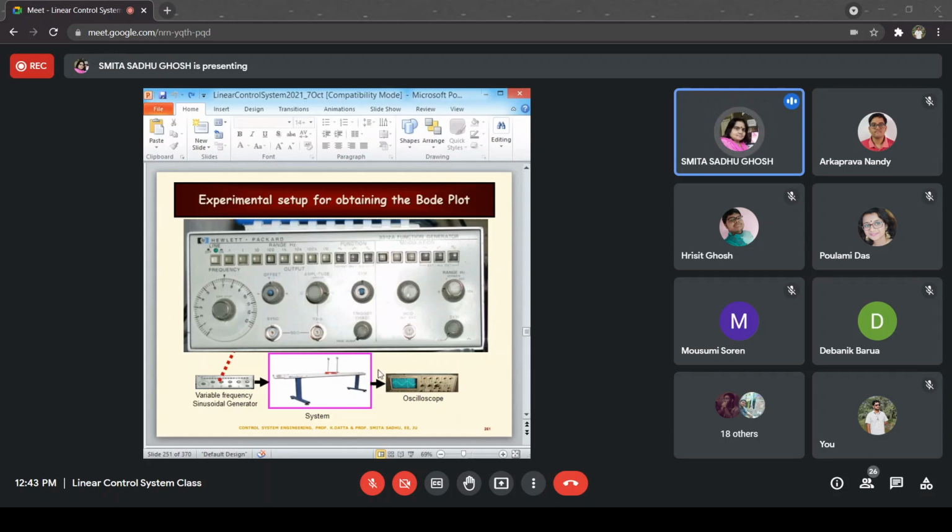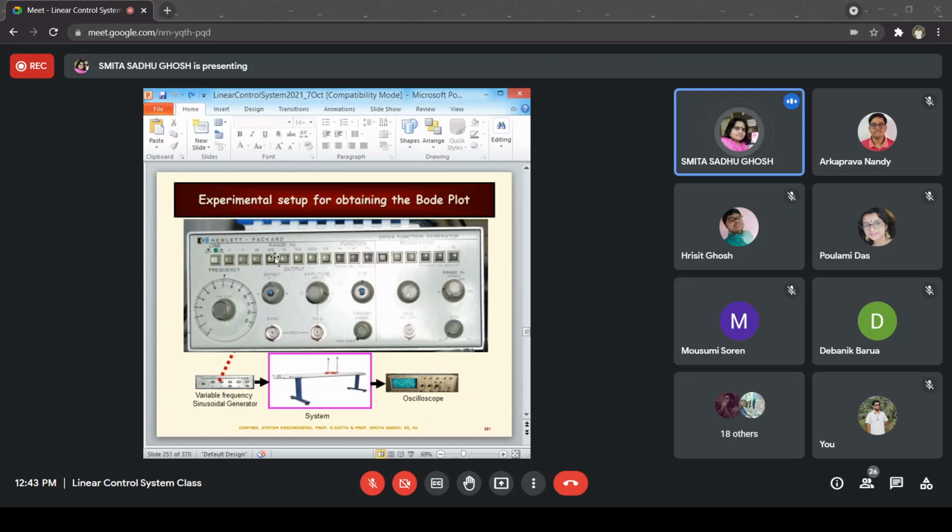This is the same diagram that you had over there, only the variable frequency sinusoidal generator is shown a bit more closely. You can see several things here. This knob is for the frequency. You can change it by first selecting the range, which is given over here.